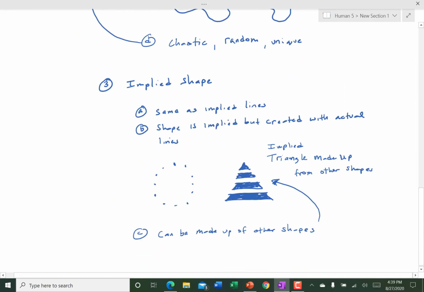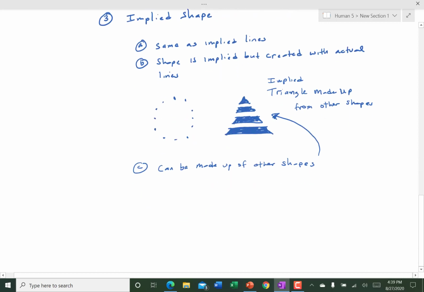Contrast is important. It's not really a type though. What I do want to say with contrast is that we'll put it as a type in the sense of how it can be utilized.